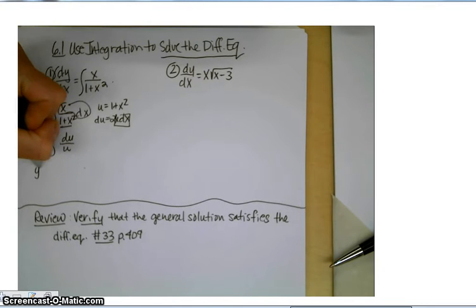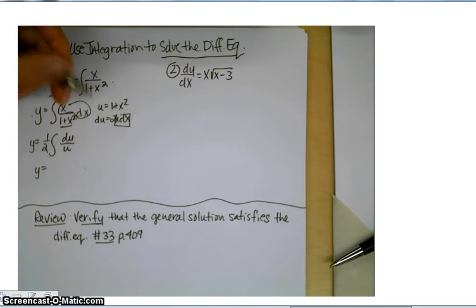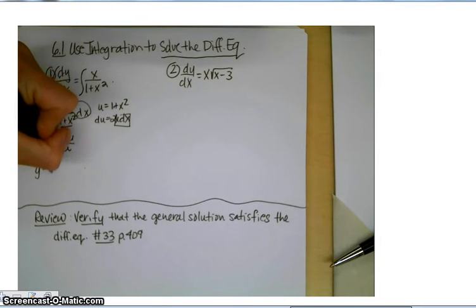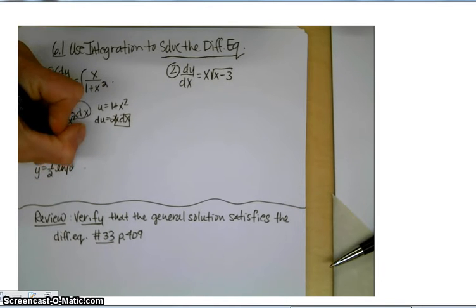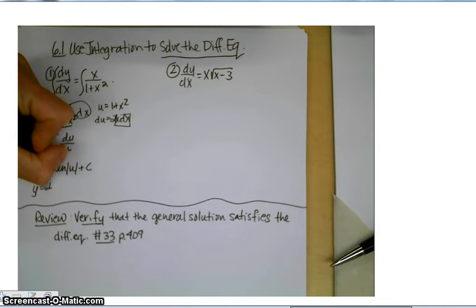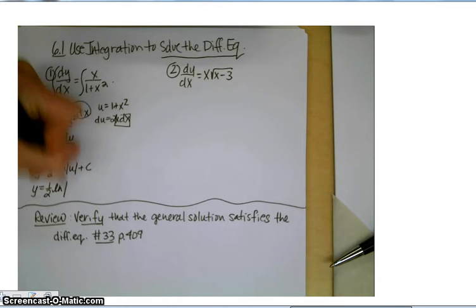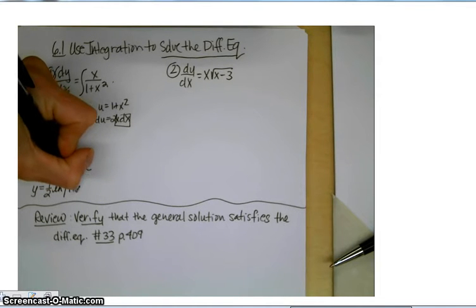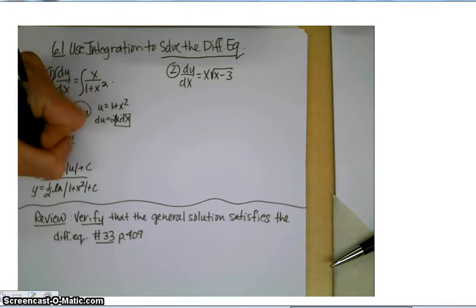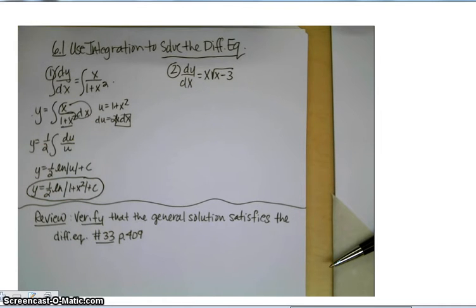So I end up with the antiderivative of du over u, that happens to be natural log of u with a 1/2 in front of it. And remember, we always use that absolute value, plus c. Put the u back in, and I will have solved my differential equation. And there's my final answer. The plus c is very important.